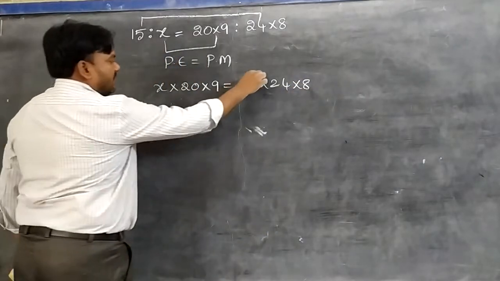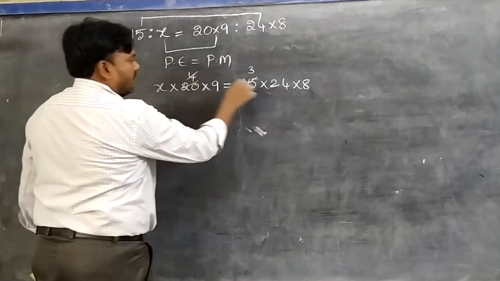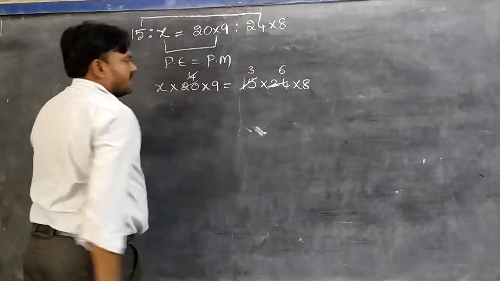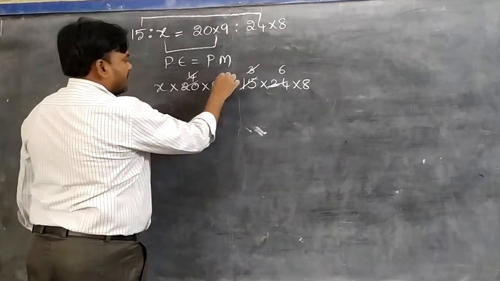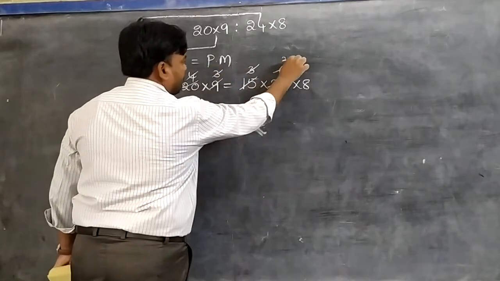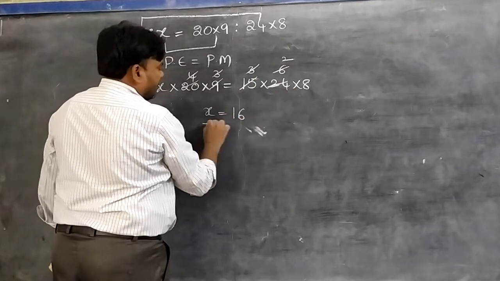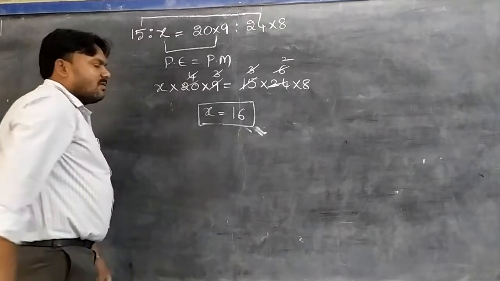Okay. 5 threes are 15, 5 fours are 20. Again 4 ones, 4 sixes. Next, 3 ones, 3 threes. Next, 3 ones, 3 twos. Then x equals 2 eights are 16. So the required number of days equals 16.